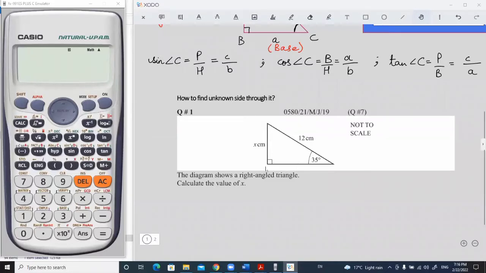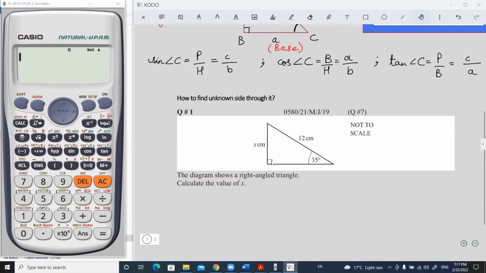Suppose that this is a question and we want to find an unknown side through a trigonometric ratio, any ratio which we can apply easily. You can see in the question, this side x is unknown, x centimeters. We know this is 12 centimeters and an angle is given. This is a right angle triangle because there is a right angle. We have to find the value of x, that is a length. First we have to recognize what is perpendicular, what is base, and what is hypotenuse.